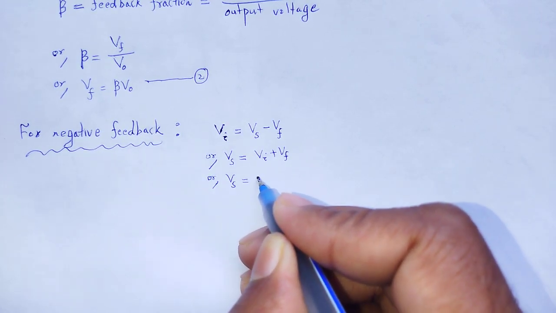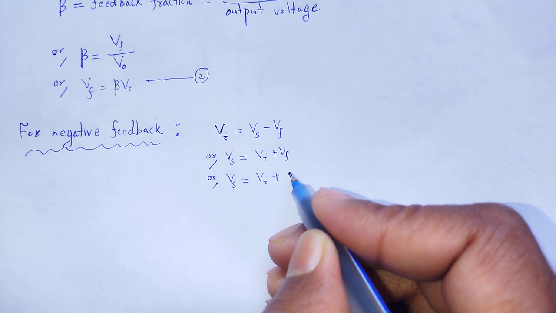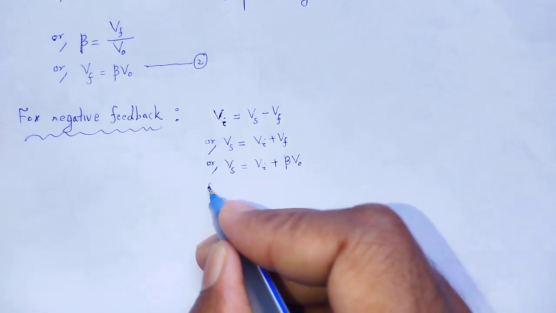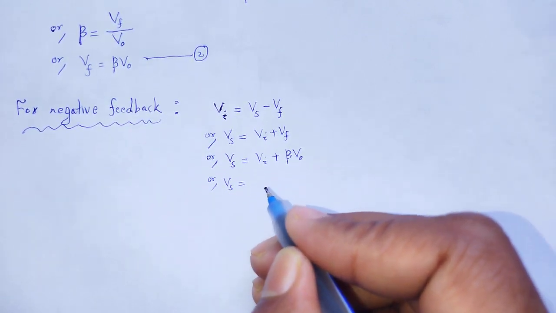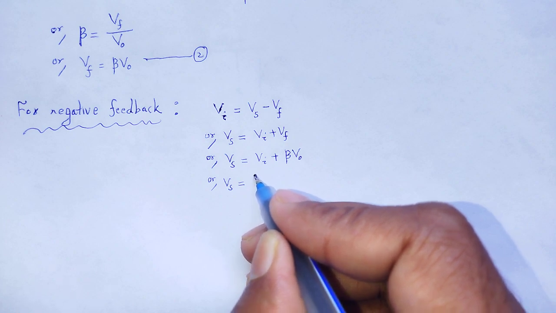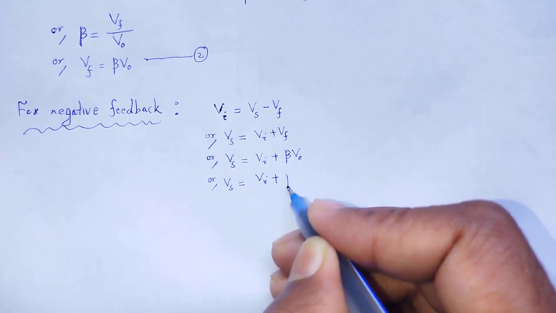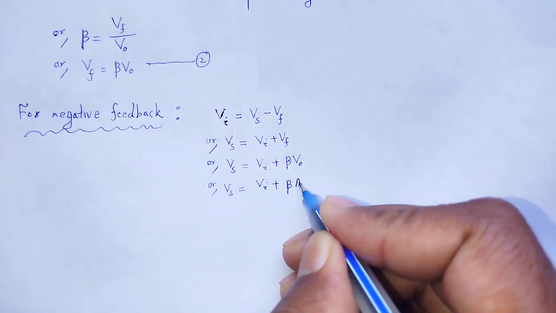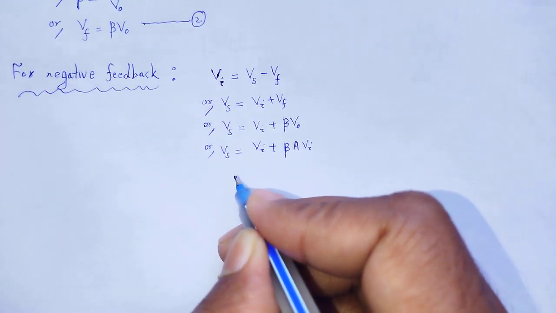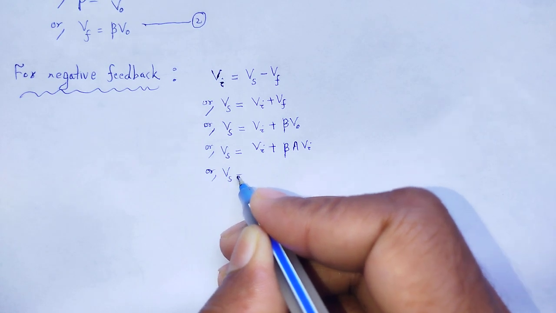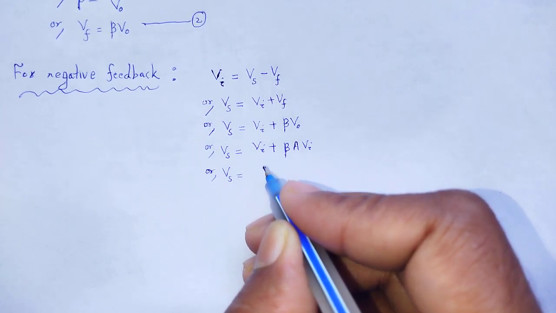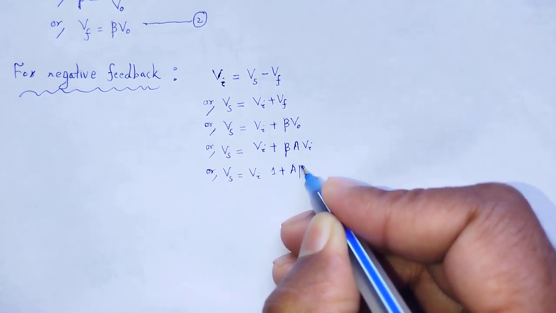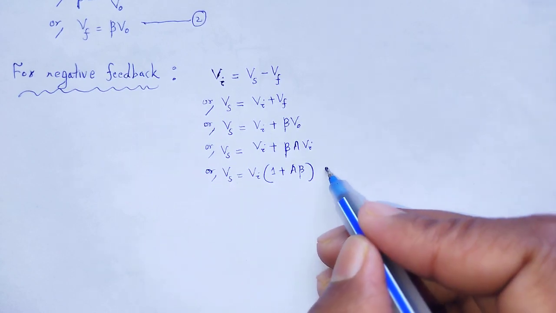Therefore, Vs is equal to Vi plus Vf, that is beta times Vo, or Vs is equal to Vi plus beta, again the value of Vo as A Vi, or Vs is equal to, taking Vi as common, 1 plus A beta, equation number 3.